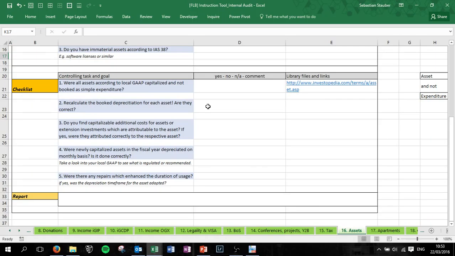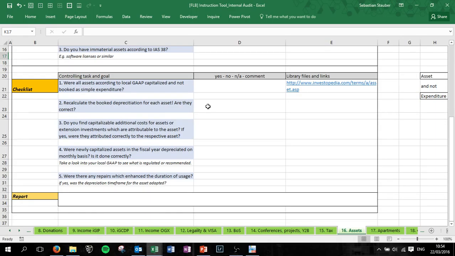Number 5, were there any repairs which enhanced the duration of usage? So you have a machine and the machine was a bit damaged, but then you repaired it, and during the repair the duration was enhanced.